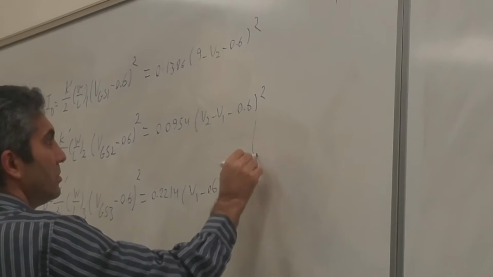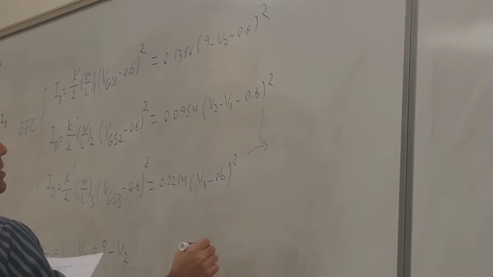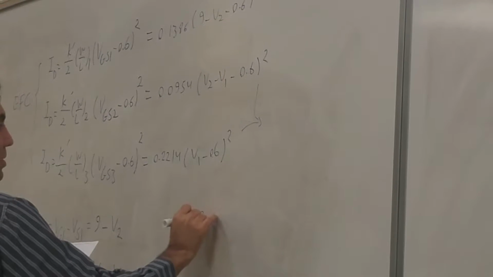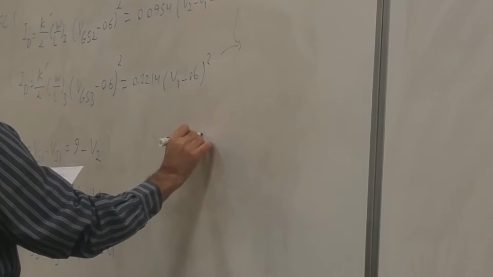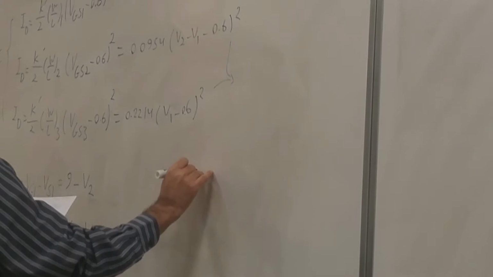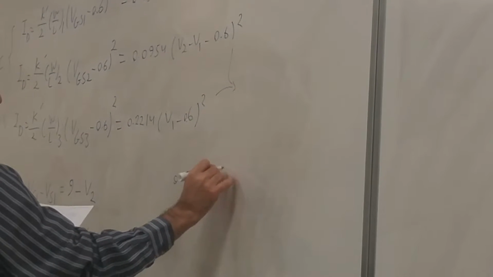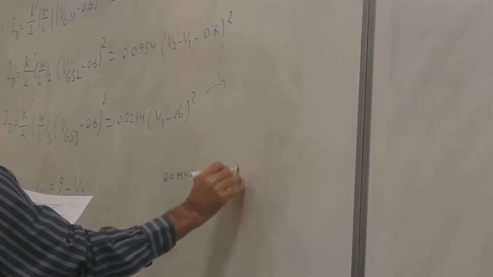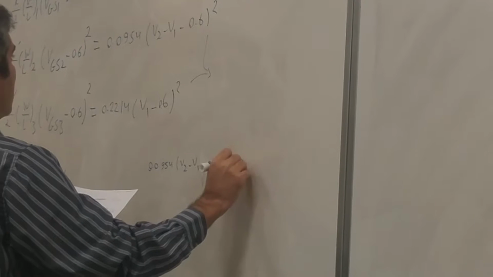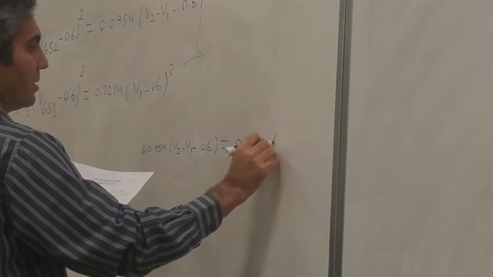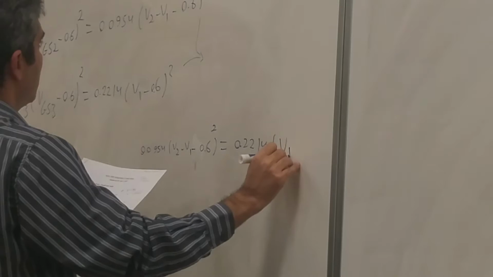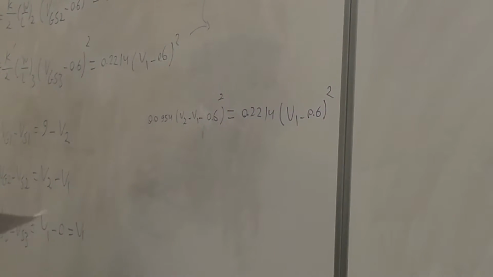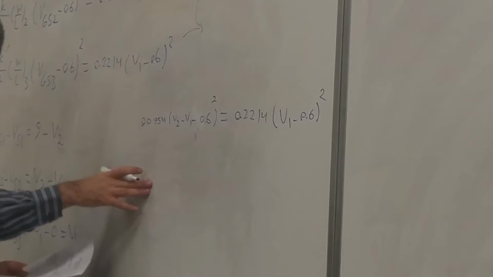So from that, 0.0954 times V2 minus V1 minus 0.6 equals 2214 times V1 minus 0.6. Let's take the square root of both sides and tell me the values quickly.